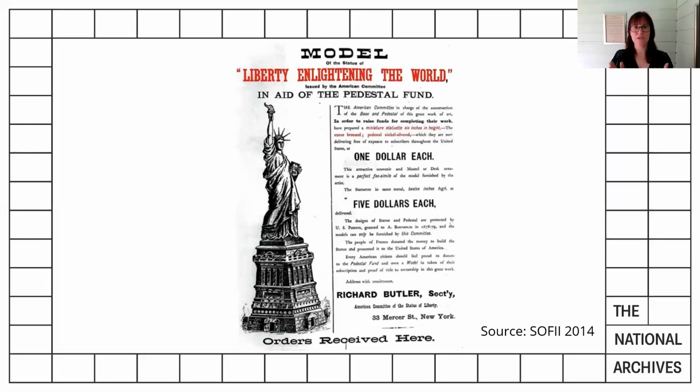He said that he would publish the name of anyone who donated, no matter how small a gift, and that if you donated $1, you would get a 6-inch replica of the statue. If you donated $5, you'd get a 12-inch replica of the statue. By autumn 1885, 120,000 people had given to this campaign, and that raised $100,000, which in today's money is about $2.3 million.